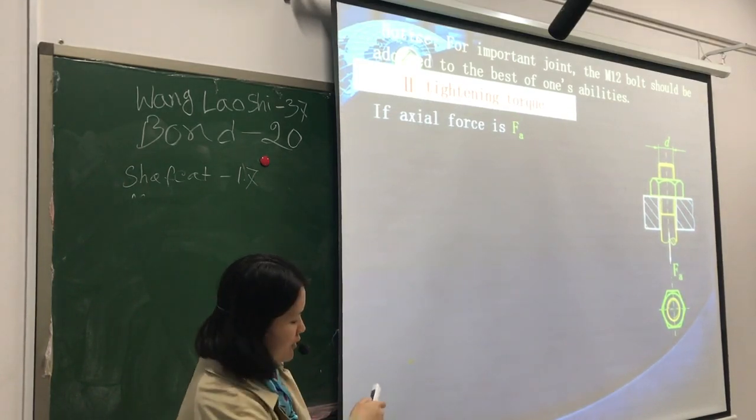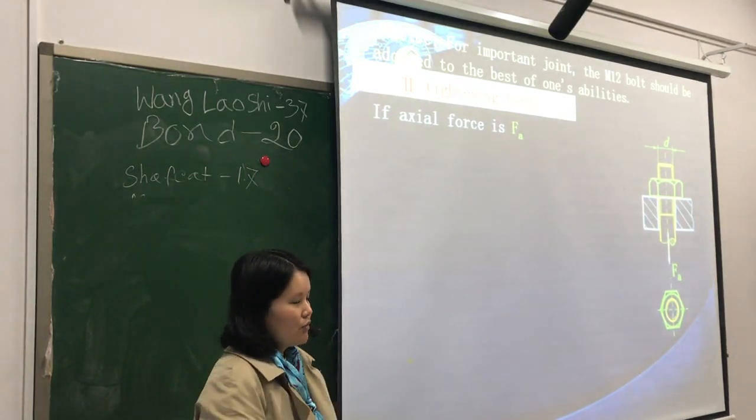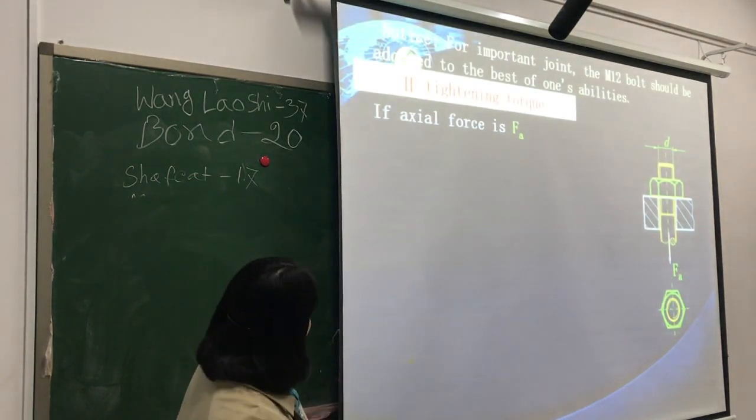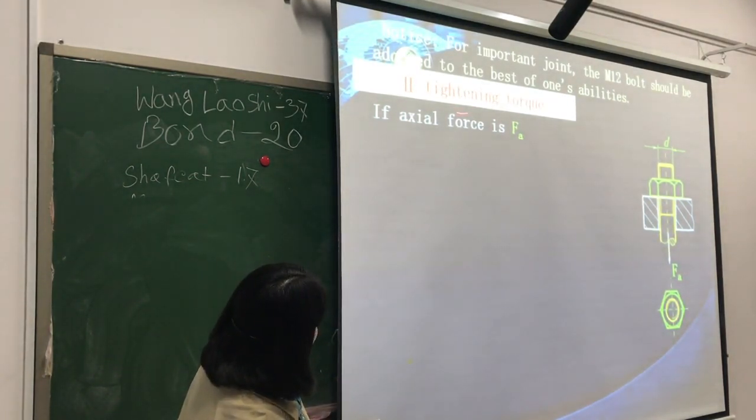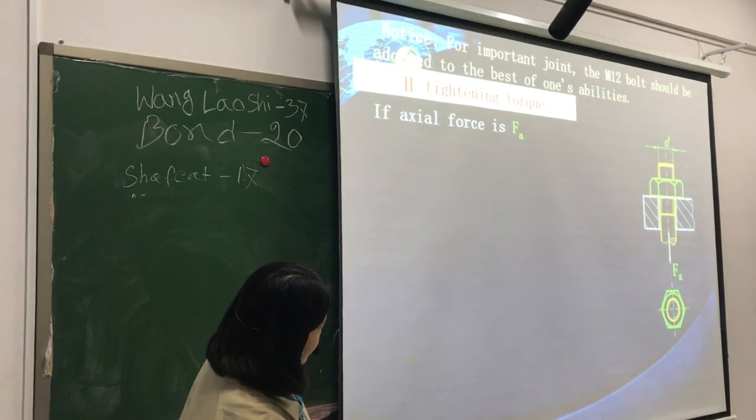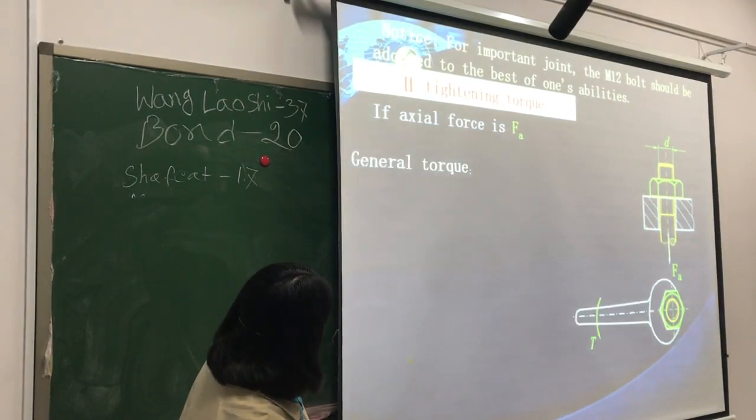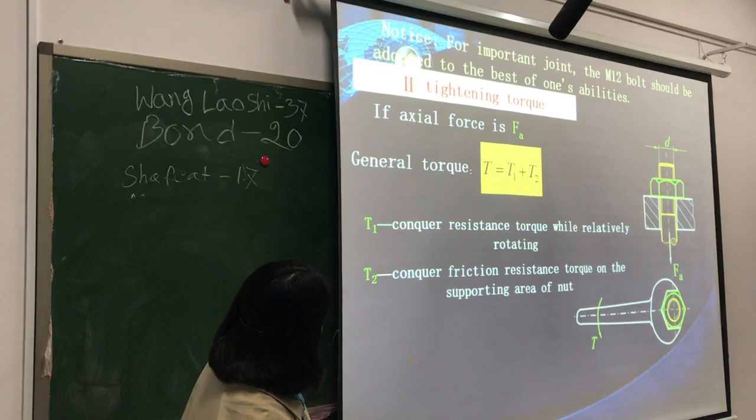So the preload is difficult to measure. So we always measure the tightening torque and then calculate the preload.